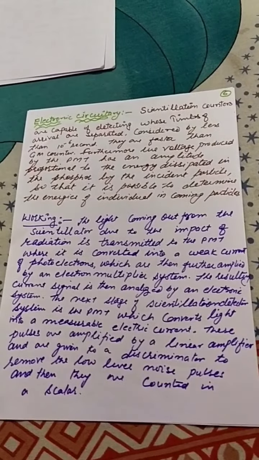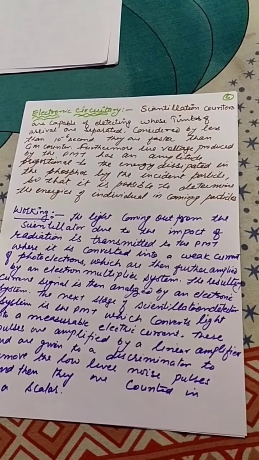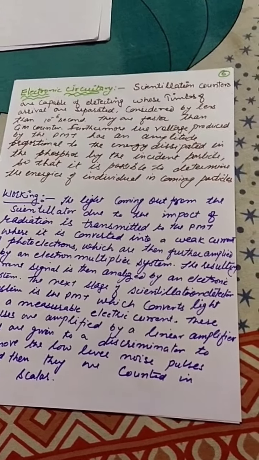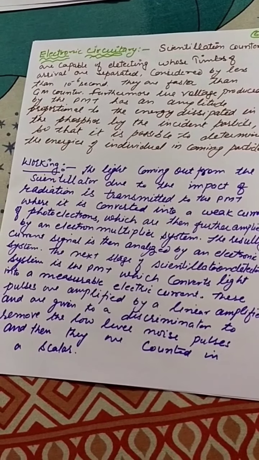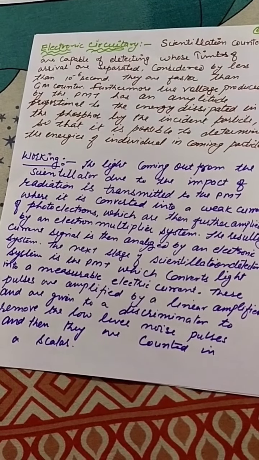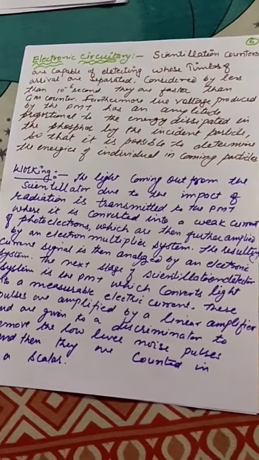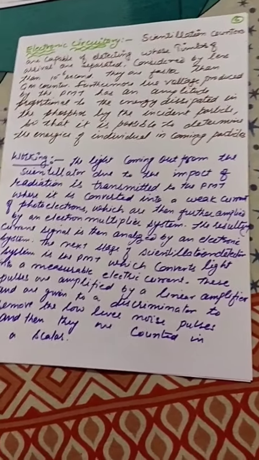Electronic circuit. The third part is electronic circuitry. Scintillation counters are capable of detecting particles whose times of arrival are separated by less than 10^-6 seconds, a very small time. They are faster than the GM counter.